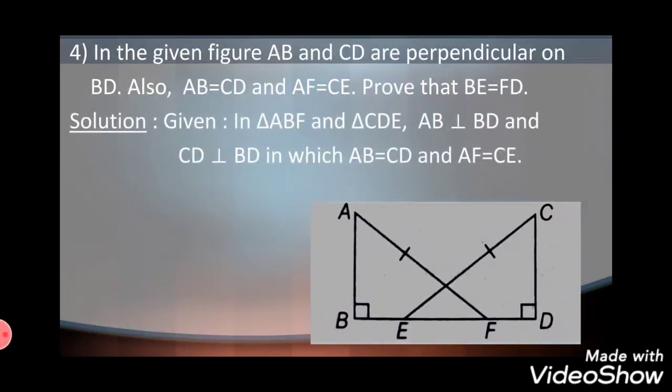In triangle ABF and triangle CDE, AB is perpendicular to BD and CD is also perpendicular to BD. Further, AB equal to CD and AF equal to CE.